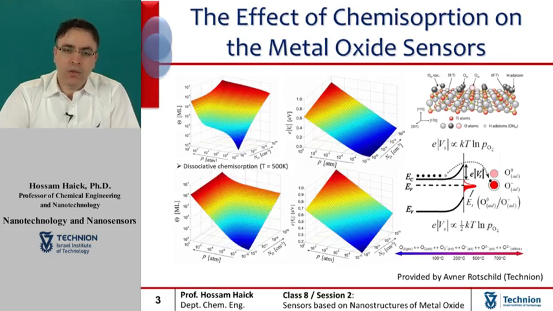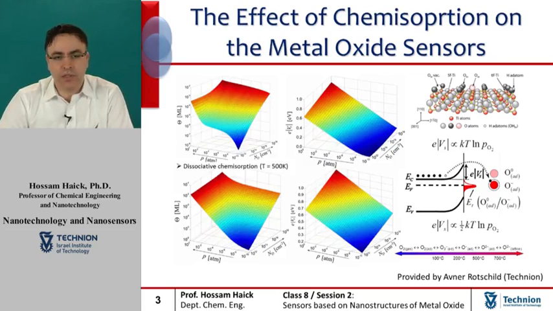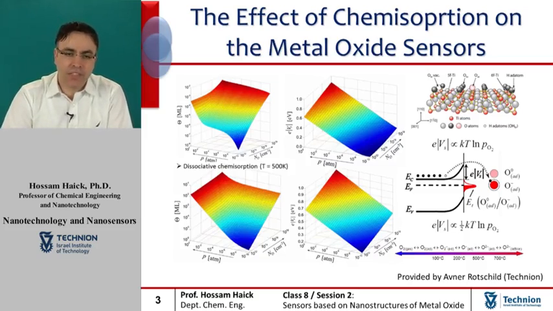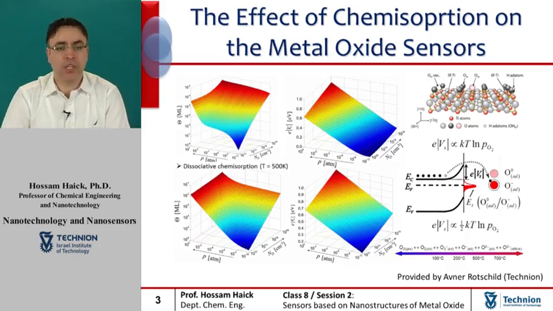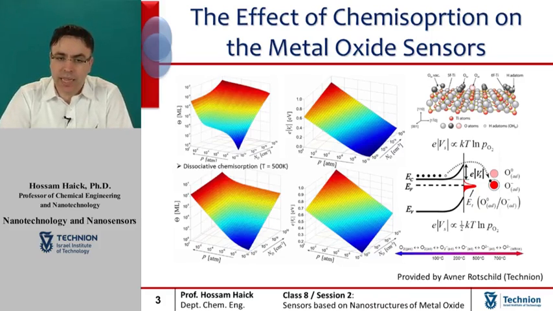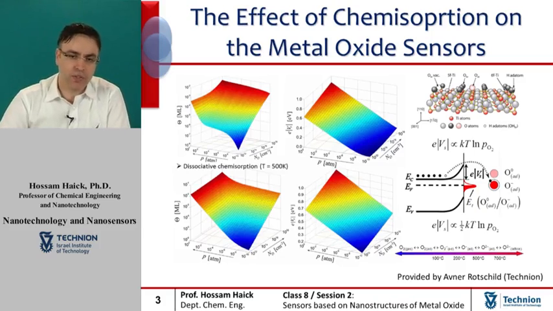I will not be able to go over the details here, but I would like to note that this model enables us to predict the effect of chemisorption on the surface charge density and the surface band bending as a function of gas pressure, temperature, and doping level, using only physical properties that characterize the interaction between the solid and the gas phases.